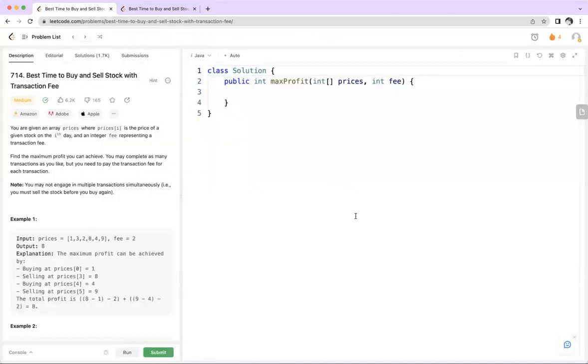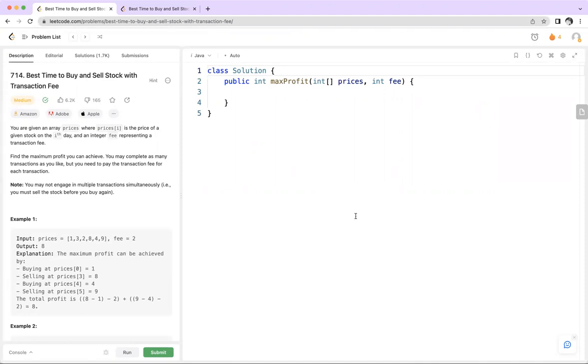Now, in this problem, we are given the same array of prices, and we are also given one more value, fees. Now the prices are the same stock prices for the ith day. And now we have to also consider the fees. This transaction fee we have to give to, let's say, a brokering agency or something like that.